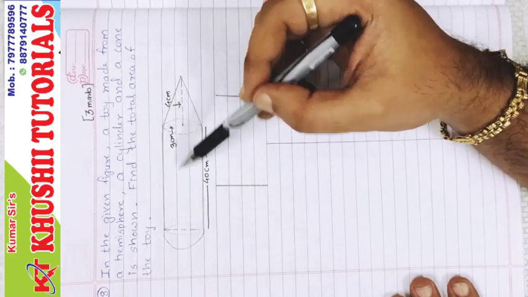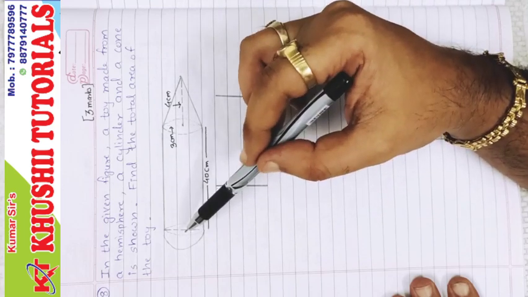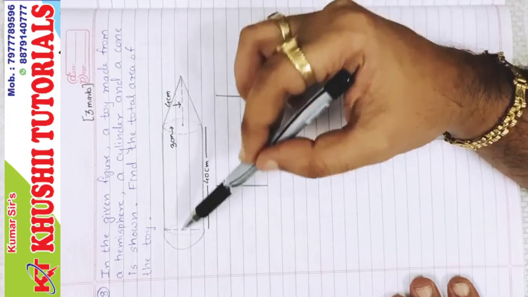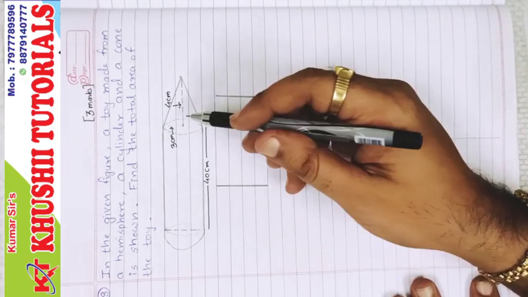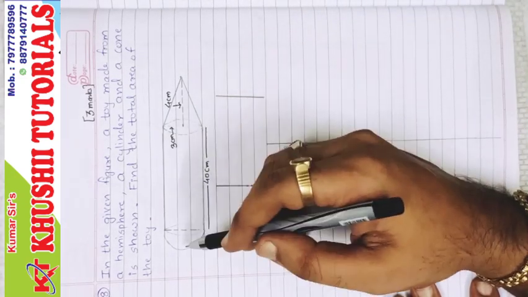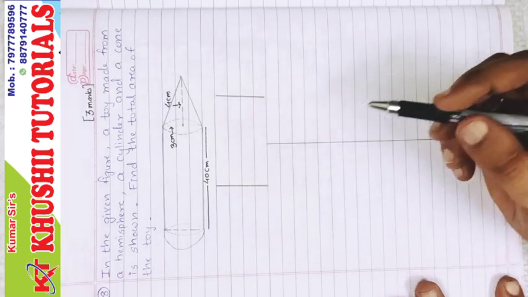When 3 curved surfaces are connected, we are getting this toy. So it means we have to find curved surface area of each figure, and then we have to add them.